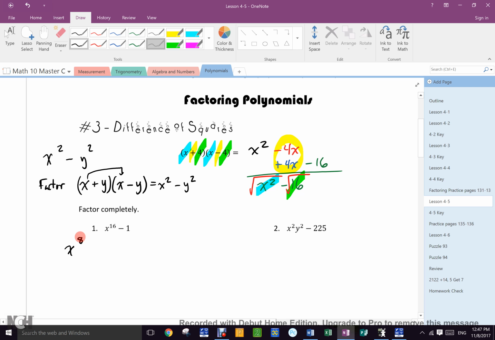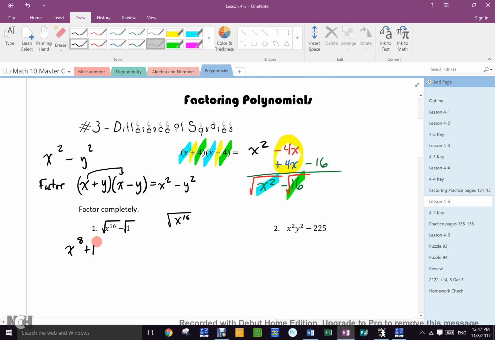Why? If I were to take the square root of x to the 16th, I'm looking for groups of 2, yes? How many groups of 2 can I get out of 16? 8 of them. Okay.